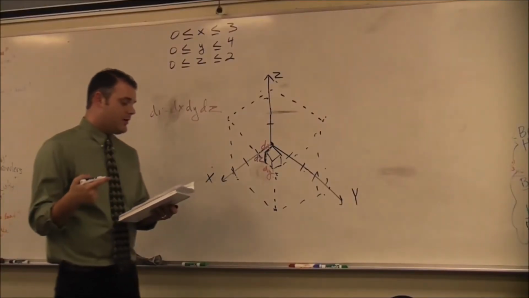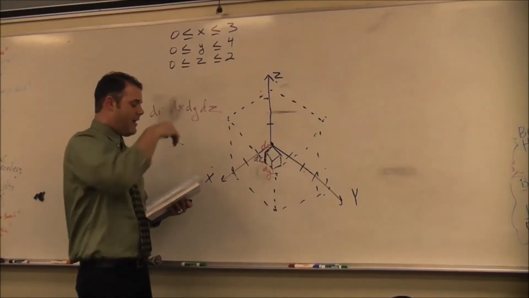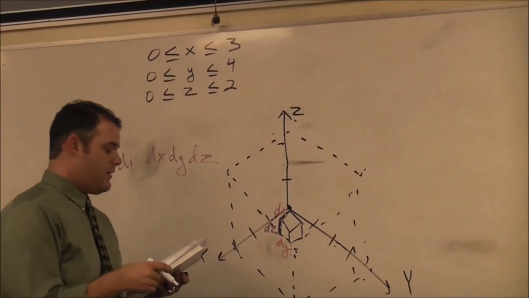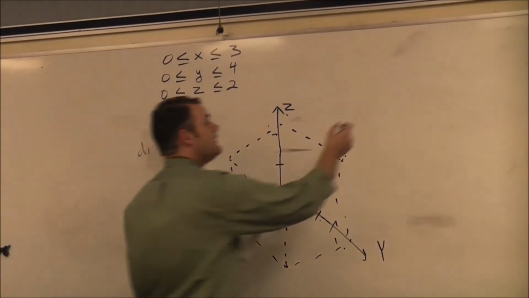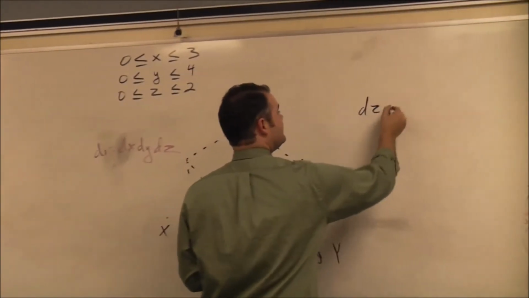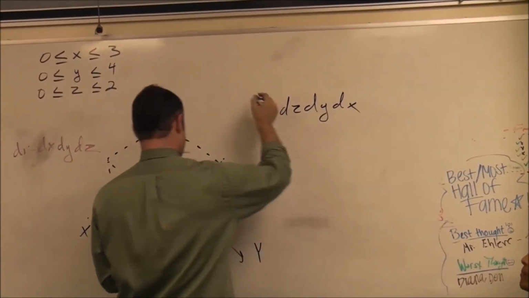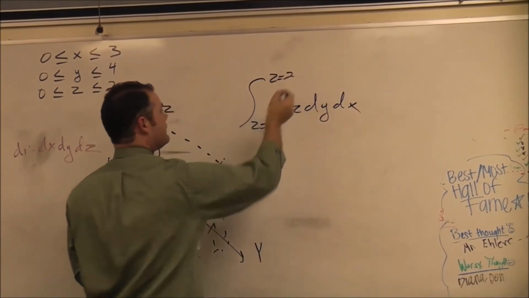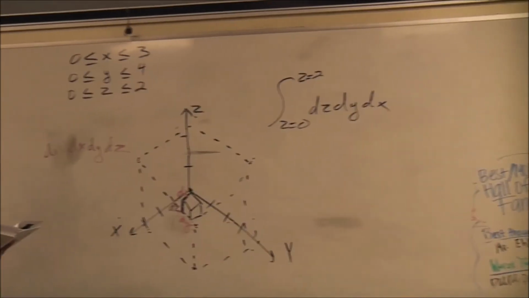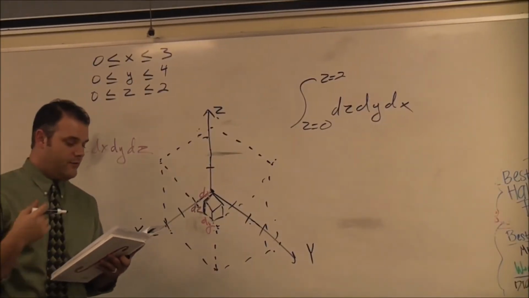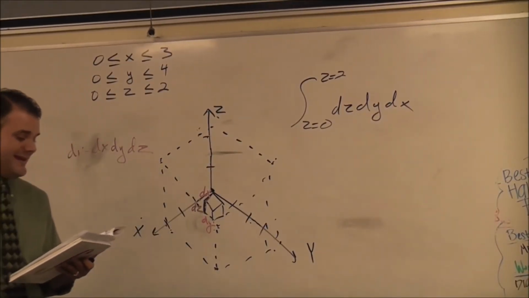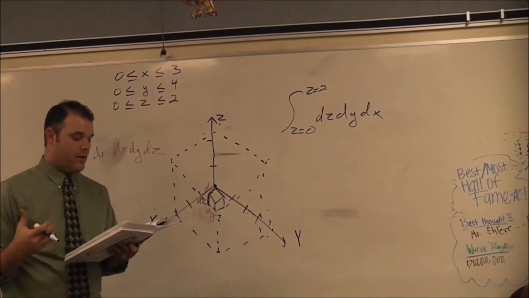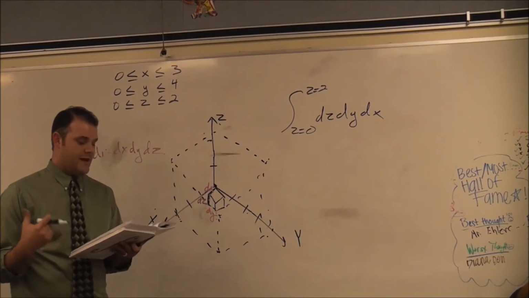Since we're going up and down, we're taking the sum in the z direction. So we'd have an integral from z equals 0 to z equals 2, with dz, dy, dx. This value will give the volume of a column given any x and y. It'll be a function of x and y, but since we're dealing with all constants here, it's actually going to be a constant value.